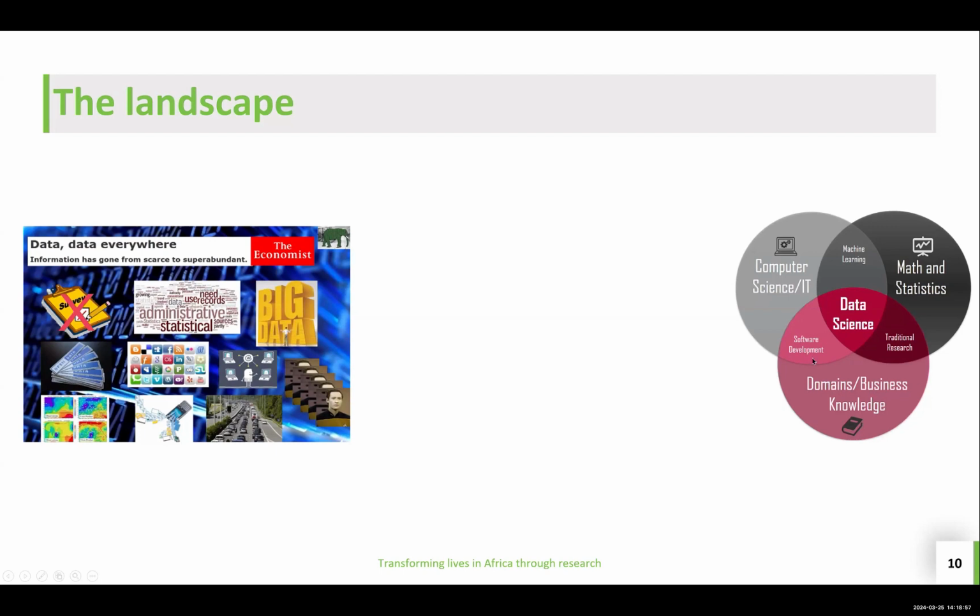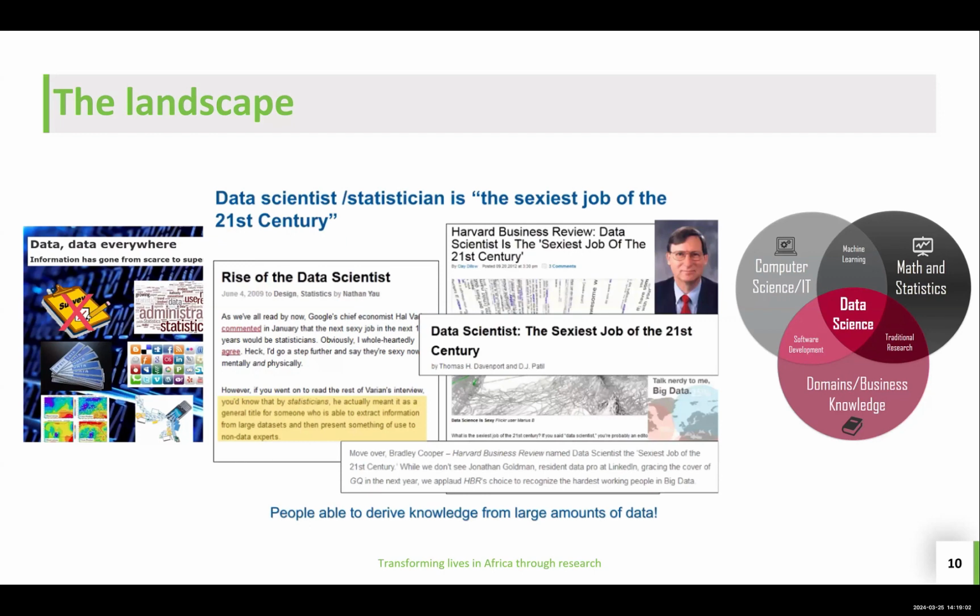We'll talk about this intersection in the next few slides, but as you embark on this journey of becoming a data scientist, just know that it is something people have been talking about as one of the best disciplines or courses in the 21st century. So at least this should motivate you, as much as it might be a hard field to go through. You might end up being in one of the best fields altogether.